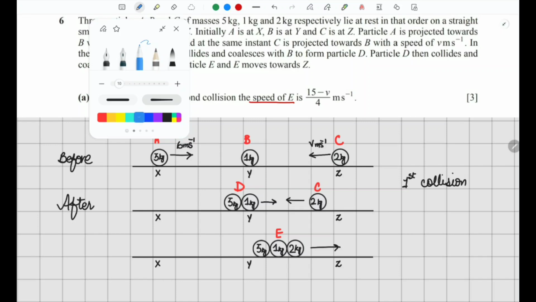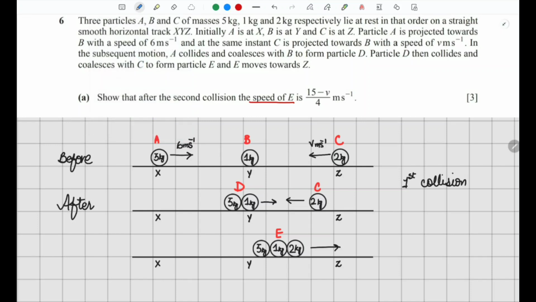So what are we supposed to do? We will be finding the speed after the first collision of the particle D, and then the speed of E after the second collision. So here represents the second collision.